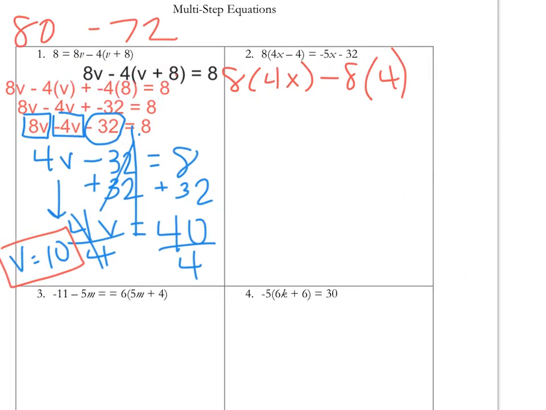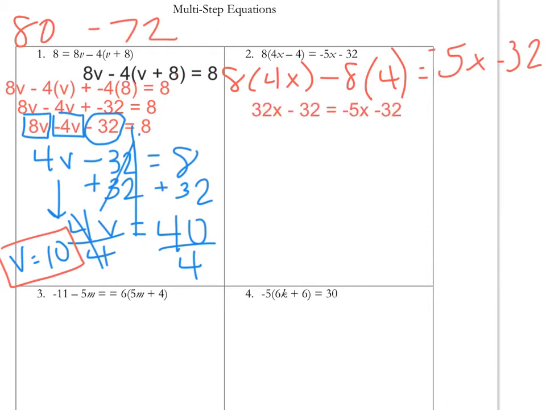And then put our equal sign, equals negative 5x minus 32. I'll retype that in here in just a minute. I just needed you to see how I'm going to distribute this 8 right here times my 4x, minus the same 8 times the 4 that's inside the parentheses. And then I just brought down, rewrote equals negative 5x minus 32.